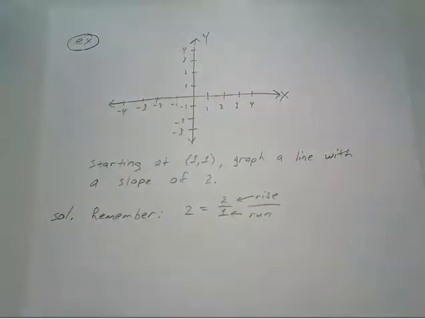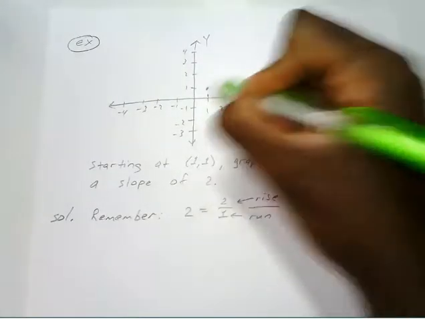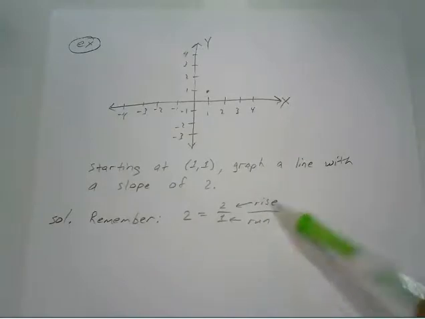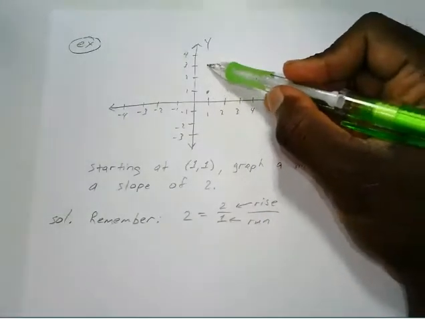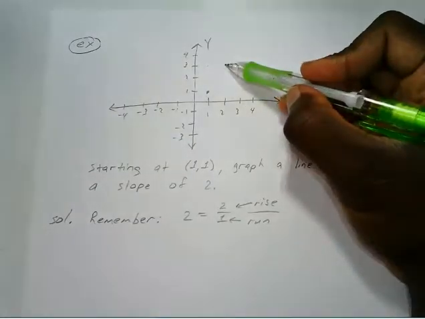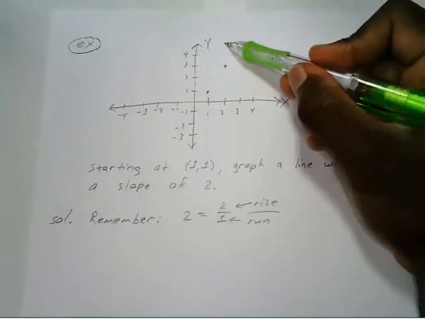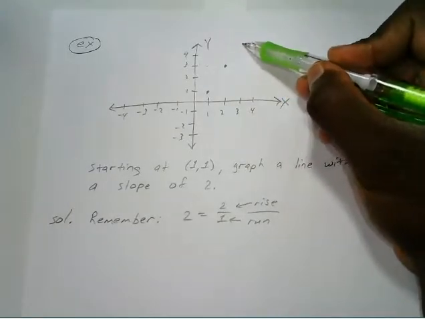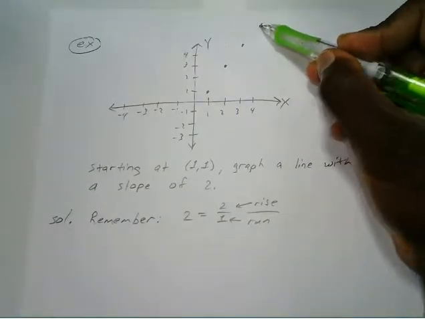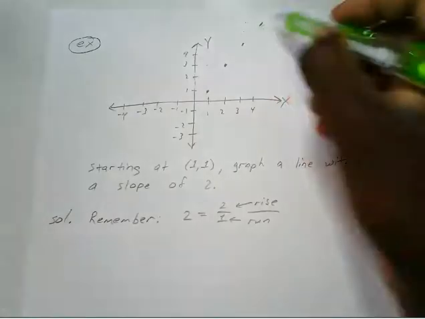So if we start at 1, 1 and rise a positive 2, so we go up 2, and our run is 1, that means we go to the right 1, and we have our second point. If we go up 2 more and right 1, we have our third point, and again for our next point. So we have all the points we need. Really, you'll only need 2.